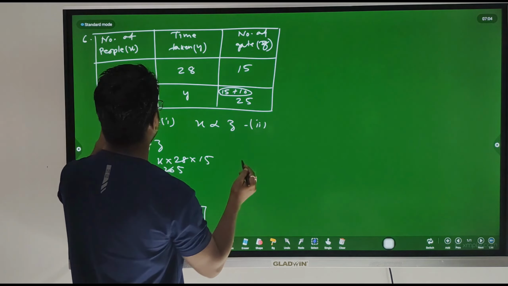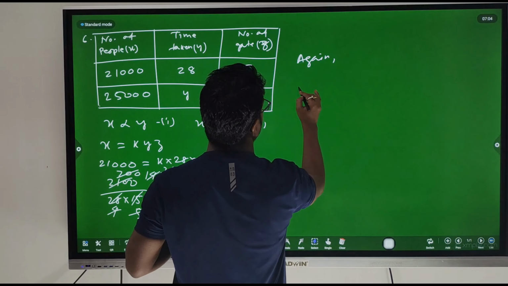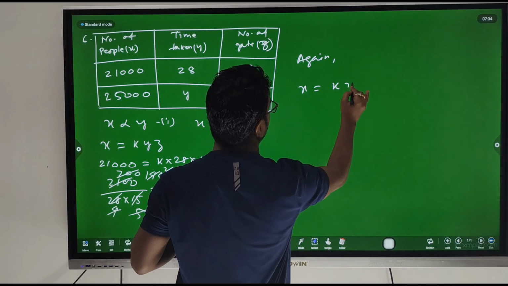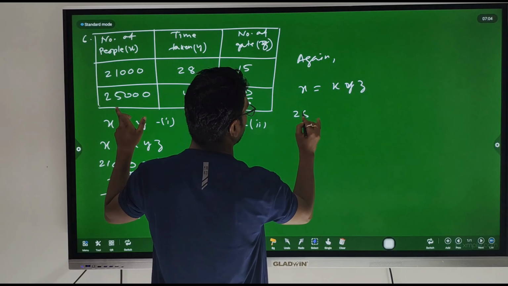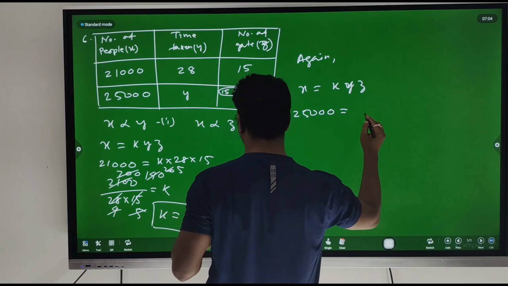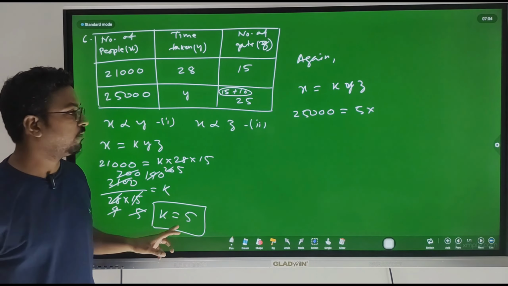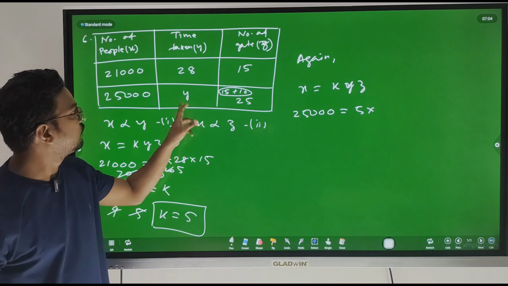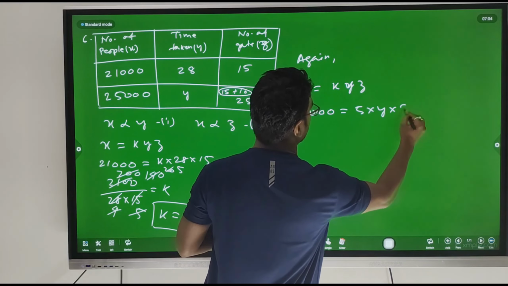Okay, so same thing will be applying here also. Again x equals to k y z. So here x is given 25,000, k we found that is 5, and the value of y we don't know, and the value of z is 25.